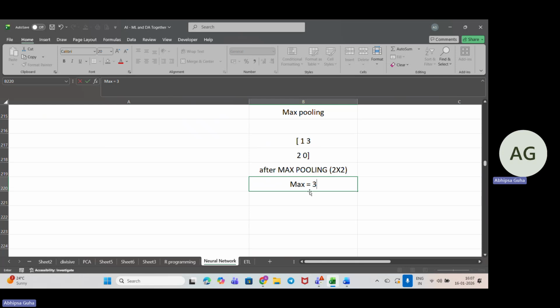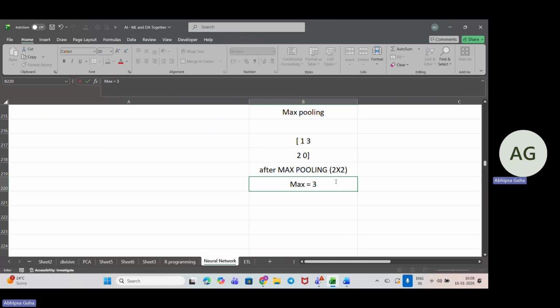So if we choose this 3, the image becomes smaller and important features remain as they are. There is no issue. So that is the major work of max pooling.